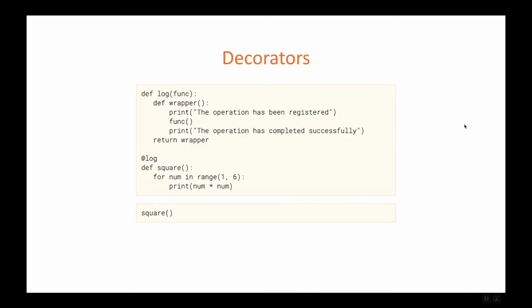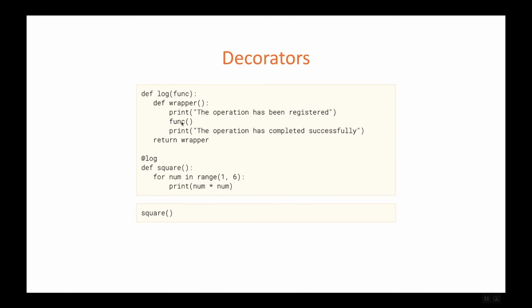So here's an example. We have the square function for numbers in range 1 to 6, and then we are printing the square of each individual number. And we have the wrapper function that has a print statement before and after the actual function.